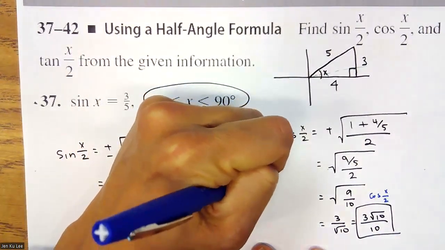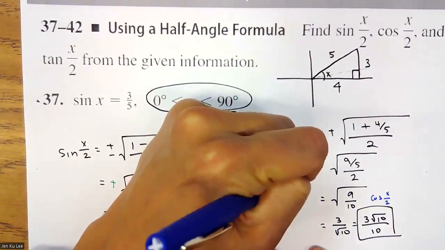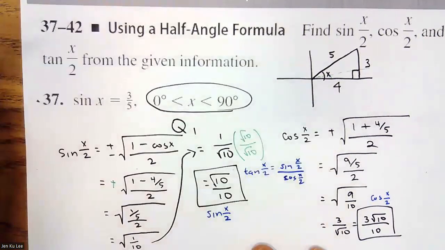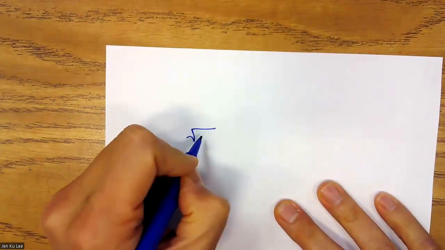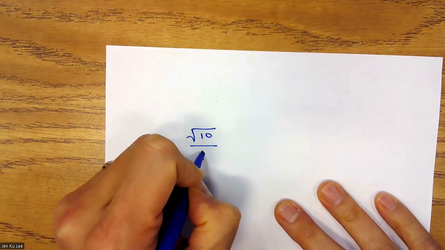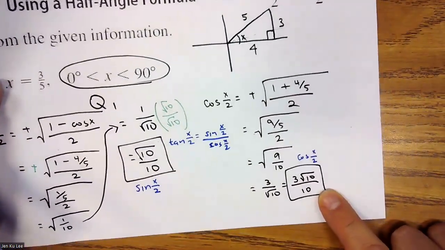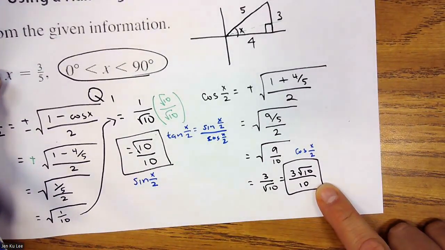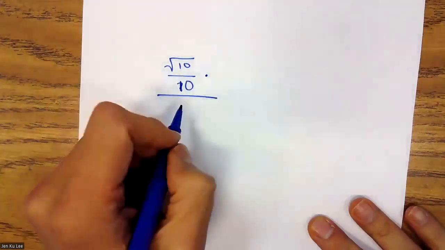Tangent of x over 2 equals sine of x over 2 over cosine of x over 2. Sine of x over 2, I'm going to put it in the back. Square root of 10 over 10, divided by cosine of the half angle for cosine, which is 3 square root of 10 over 10.